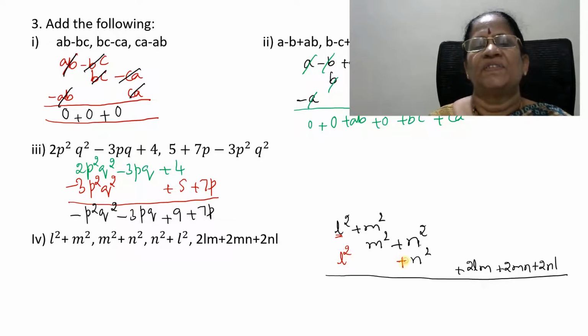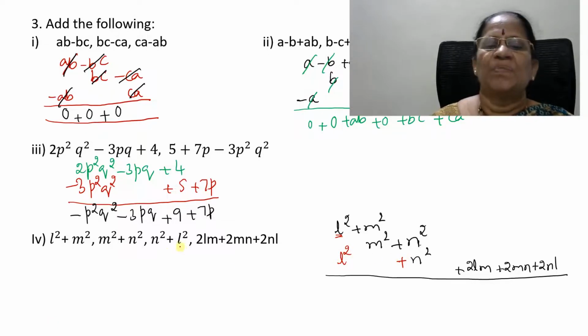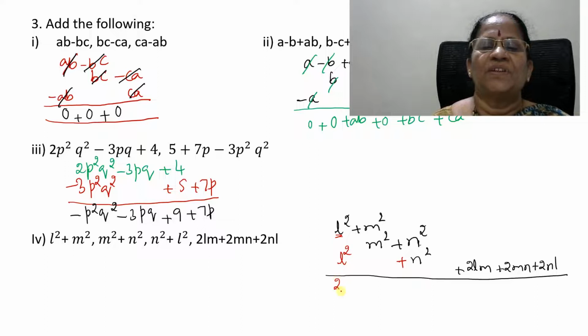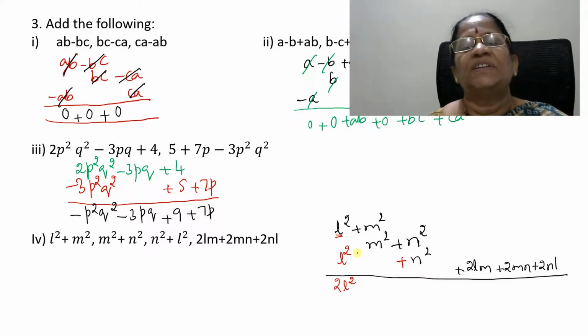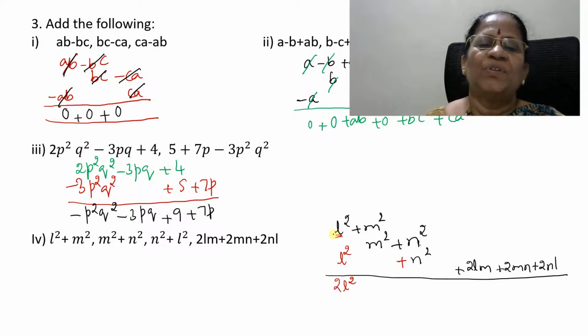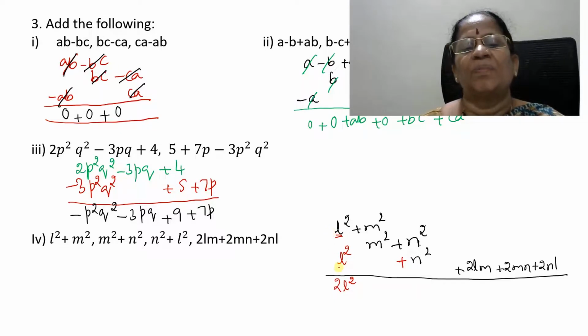L square plus N square, or L square plus N square. It's one and the same. Okay. Now L square plus L square is 2L square. Remember that don't put L to the power 4. While adding, you need to add their coefficients. So 1L square plus 1L square is 2L square.